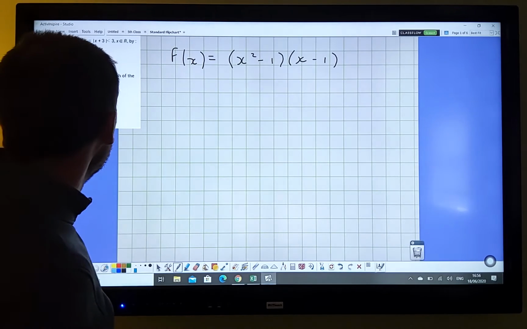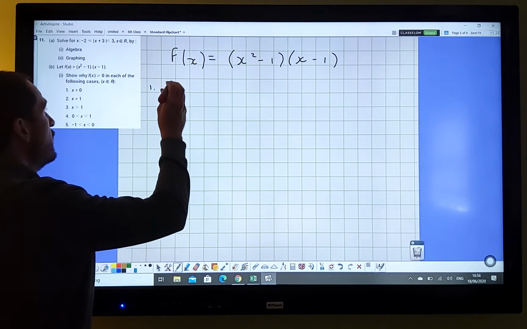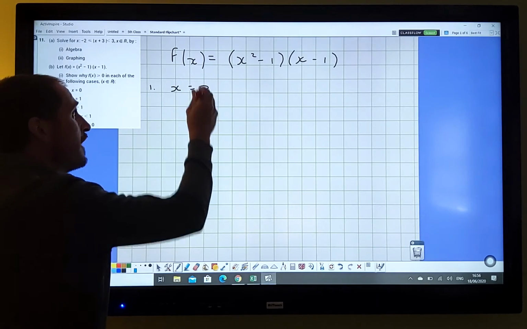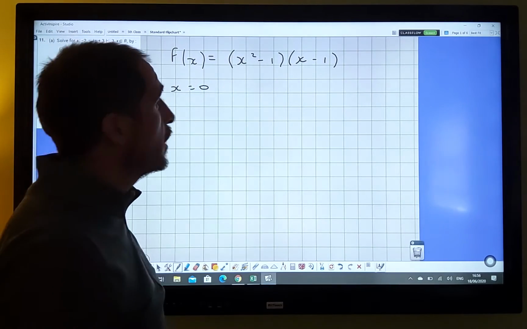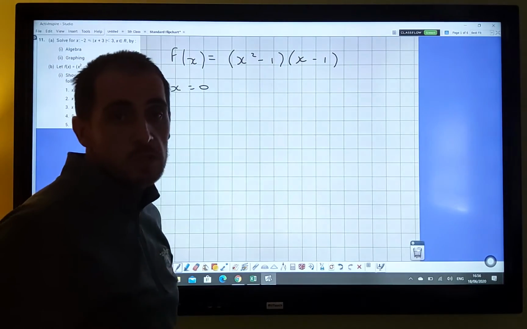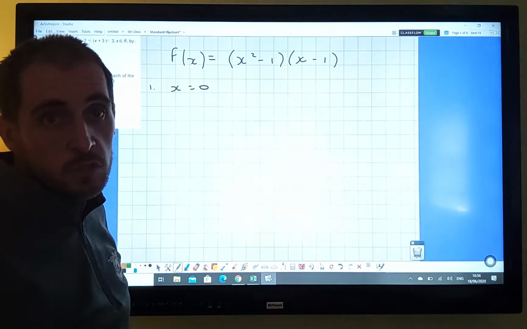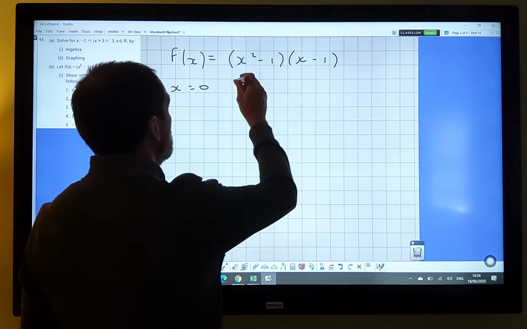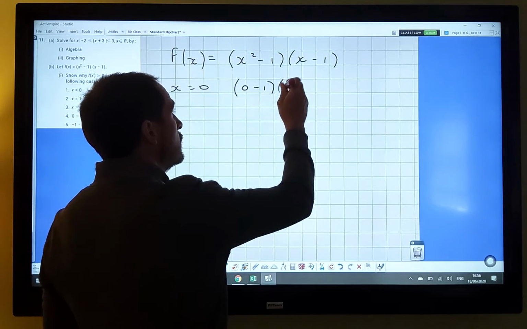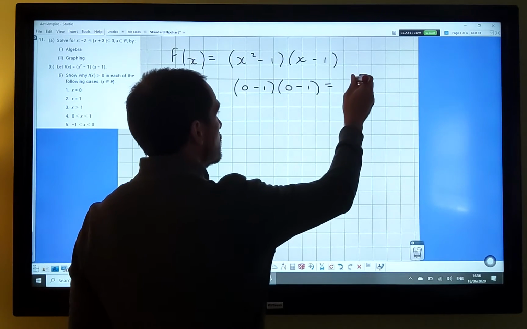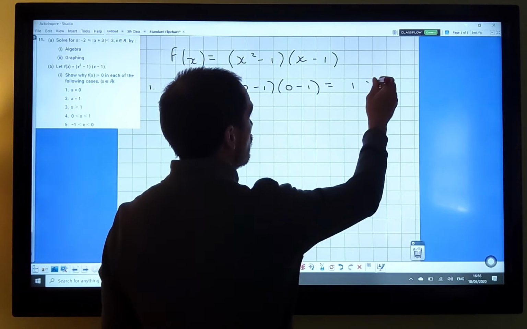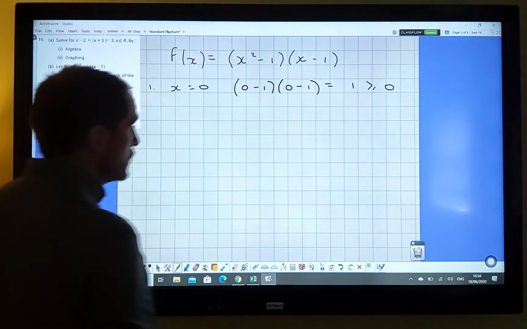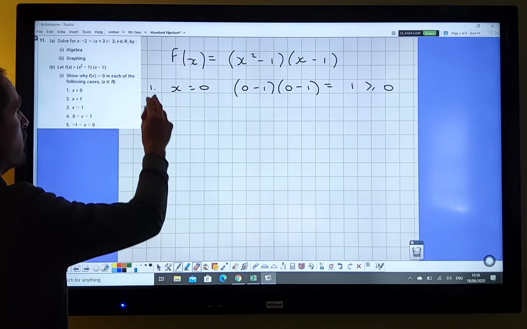So first, if x is equal to 0, then 0 minus 1 is minus 1, and minus 1 times minus 1 is positive, equal to 1, which is greater than or equal to 0. So that's part 1, fairly straightforward to start off.